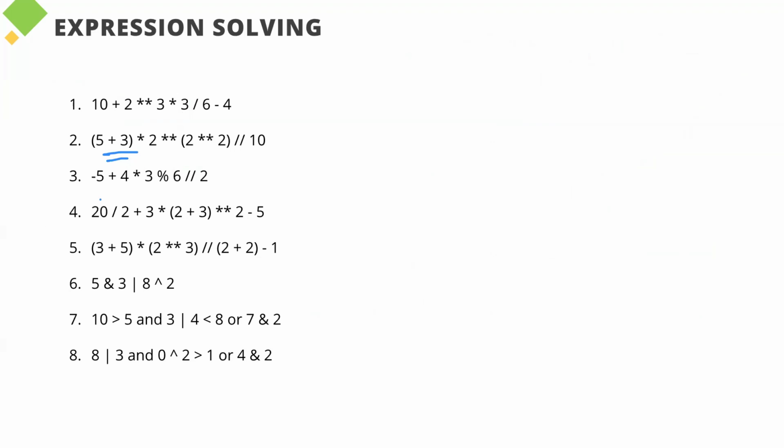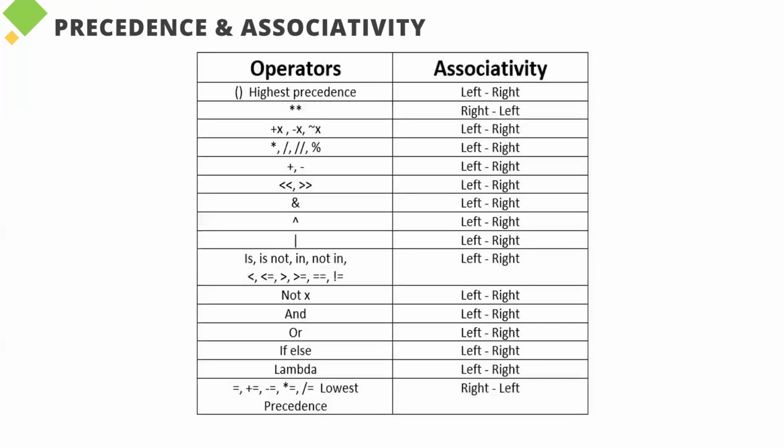We'll be getting 8 into 2 power 2 square is 4. We are going left to right, and firstly I'm solving the parenthesis. 4 floor division 10. Check with the precedence of the floor division. Firstly we have multiplication, division, and then floor division. So floor division is last when compared to multiplication and division.